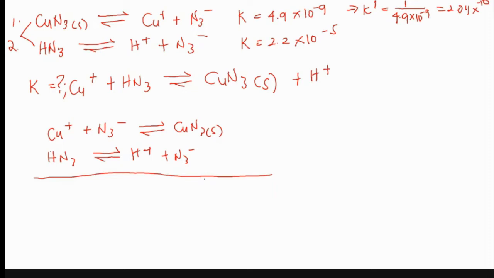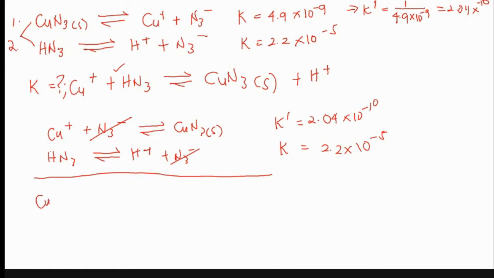Ito sa dalawang, so ito na yung K prime and A. So 2.04 times 10 raised to negative 10 and then this one is 2.2 times 10 raised to negative 5. Nati-cancel tayo, and 3 negative. So, tignan natin if same yung makukuha nating reaction dito sa required.